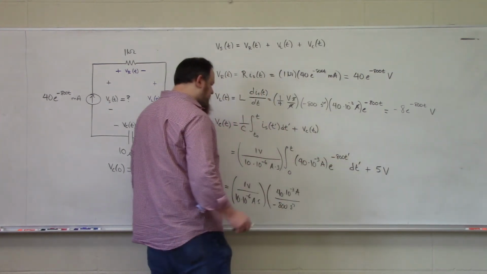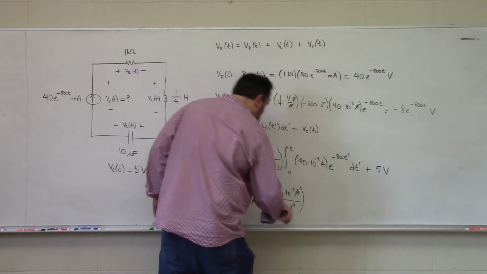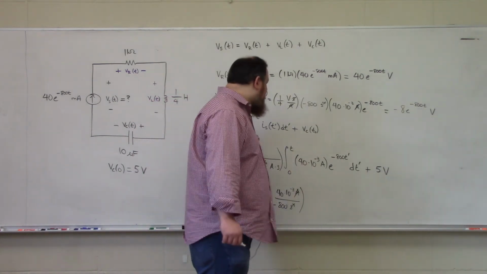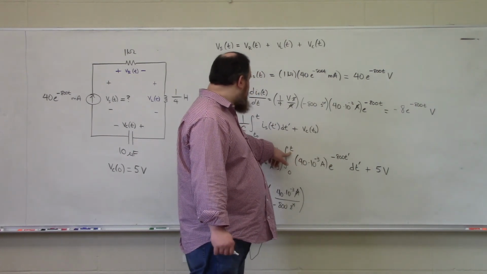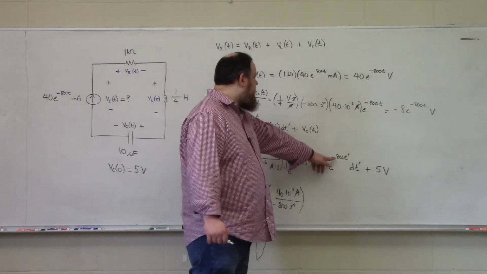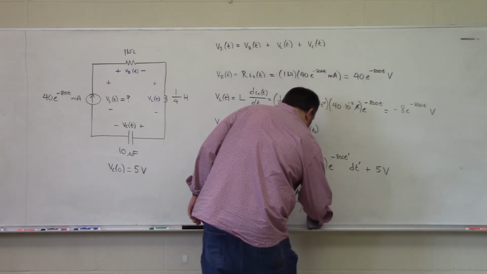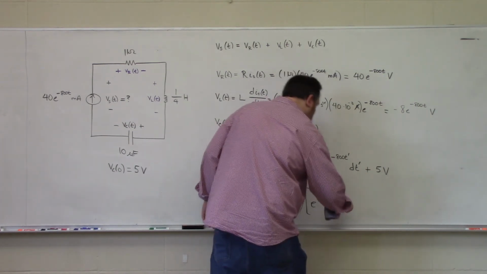That's from integrating this guy, where the amps cancel, seconds multiplied by per seconds cancel. The result of this integration is going to be e to the negative 800t minus e to the negative 800 times 0. So that's going to be e to the minus 800t minus e to the 0 is 1.